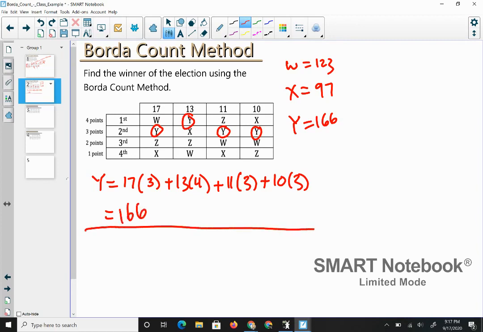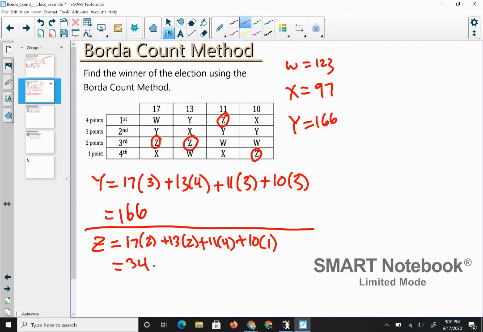And now we have candidate Z. That is 17 times 2 plus 13 times 2 plus 11 times 4 plus 10 times 1.